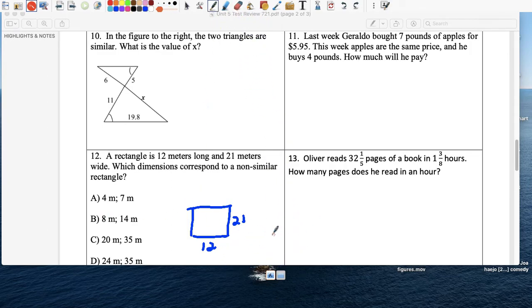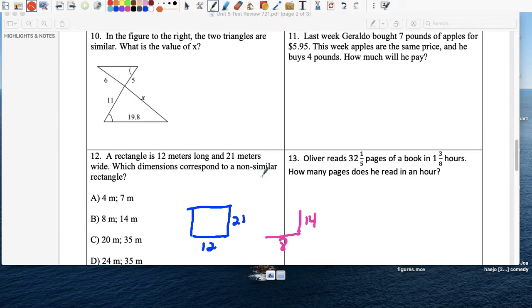Second triangle, second rectangle. This is 8 and this is 14. Okay, so what we have to do is figure out 12 divided by 8, which is 1.5.